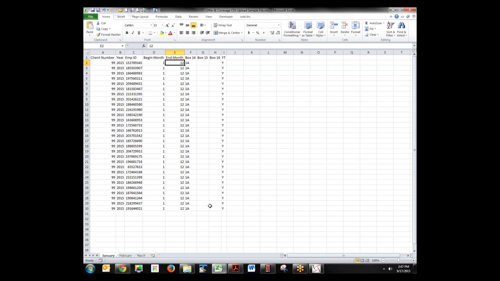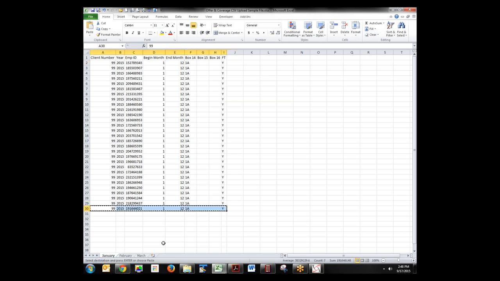Then they're terminated in, let's say, July. So August through December, they need essentially another offer and coverage record with the new codes, where they're not getting an offer because they're no longer an employee. There's a box 14 and 16 codes for that. But again, that's a new record. So in that month of August, I can just send through another record.